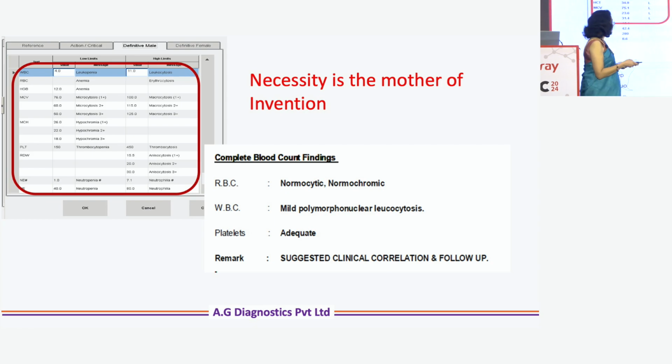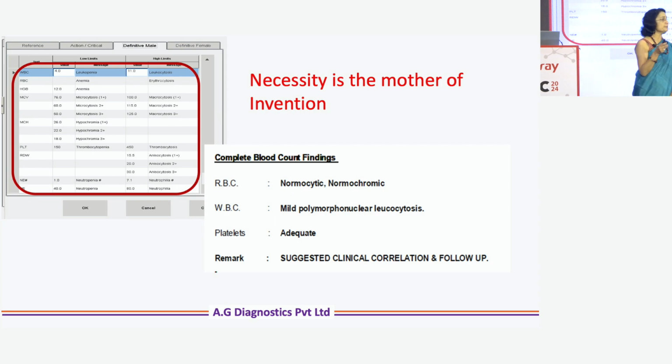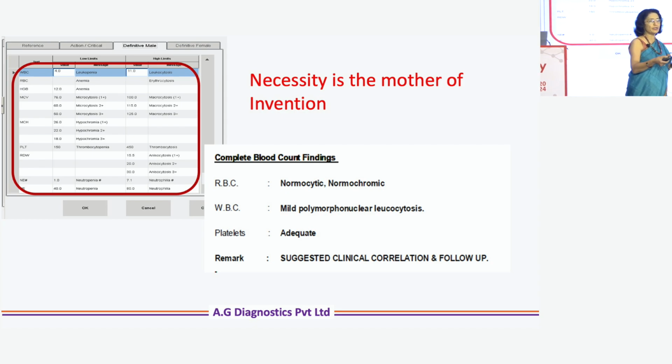Like I said, necessity is the mother of invention. As the numbers go up, day by day, year by year, you realize that you are going to have to make these kinds of innovations. And that is how we landed up making them. Because ours is a standalone lab, we do not give a CBC, and we do not give a printout directly from the instrument at all.